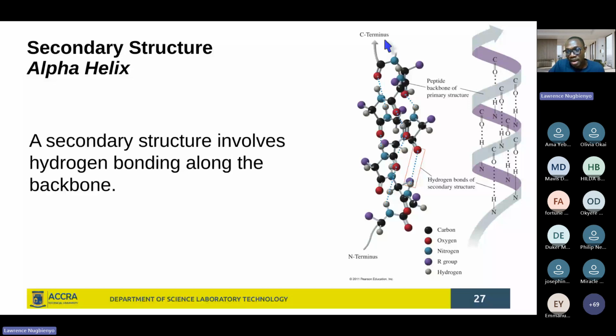And you can also keep in mind which bond is involved in the secondary structure, the alpha helix of proteins. That bond is what? Hydrogen bond. We'll see another secondary structure. You see there too is a hydrogen bond.